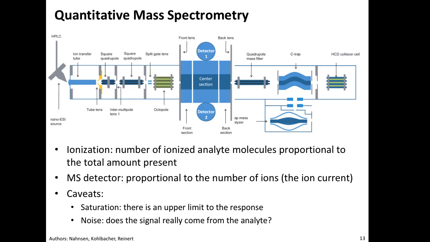I would like to give you some more detail on what is really going on in a mass spectrometer for that. Because in order to determine the amount of ions, we have quite a few steps that we need to go through.